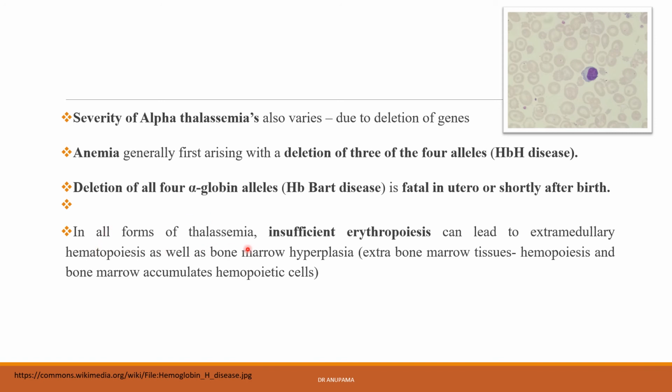In all forms of thalassemia, insufficient erythropoiesis takes place, and this can lead to extramedullary hematopoiesis as well as bone marrow hyperplasia. Here extra bone marrow tissues start doing hematopoiesis, and the bone marrow accumulates hematopoietic cells.